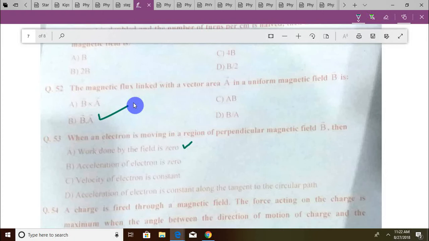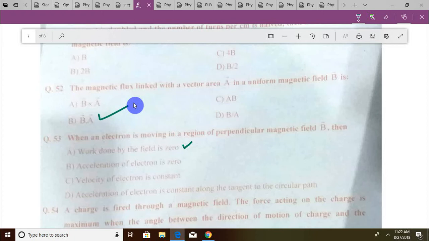Like electric flux, the magnetic flux through a plane element of area A is given by the dot product of B and A. And we have to know that A is a vector whose magnitude is the area. You know, vector into vector can either be a vector or a scalar. This is worth writing down.